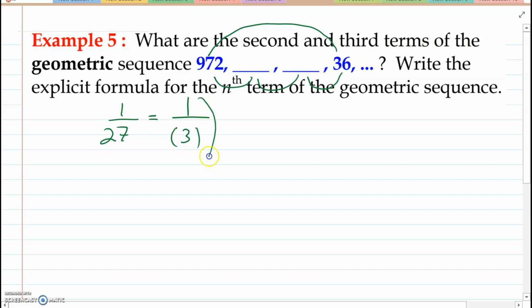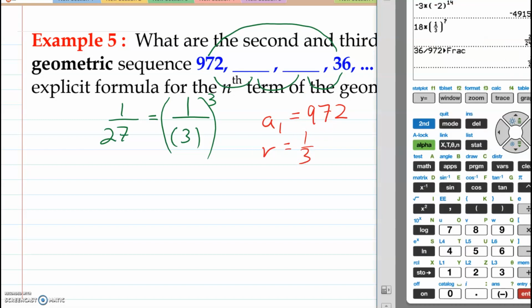So in fact, we're actually looking at this expression here. So now I'm back to my common ratio. I've got my initial value, which is going to be 972. My common ratio is 1/3.